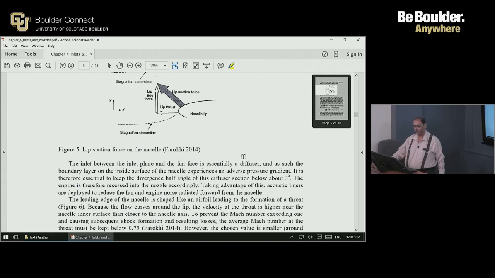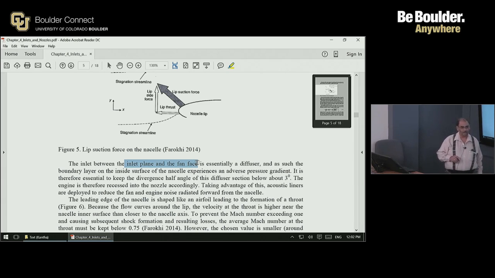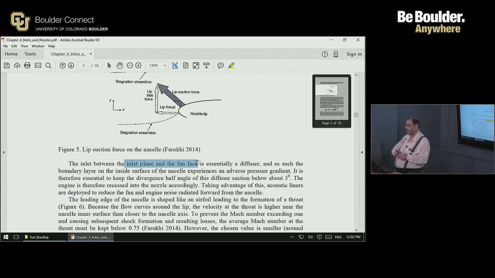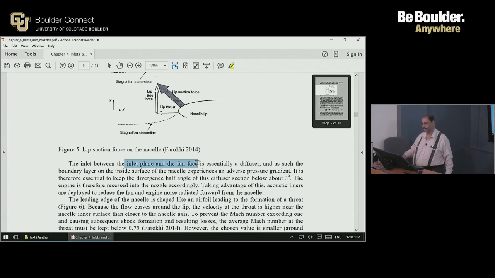Now, the portion of the inlet between the inlet plane and the fan face is essentially a diffuser. So by shaping it appropriately, you can decelerate the flow, making sure that the boundary layer on the inside surface of the nacelle does not separate.